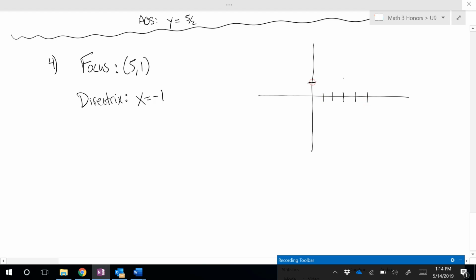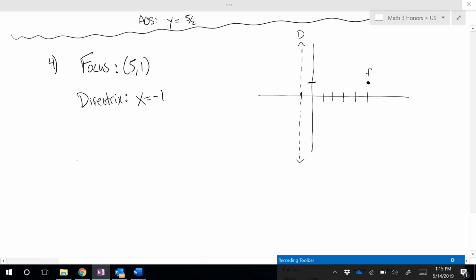So 5, 1. That's my focus. Here's my directrix. Okay. And when you write an equation, you need 3 things. If you can answer these 3 things, you can write an equation.